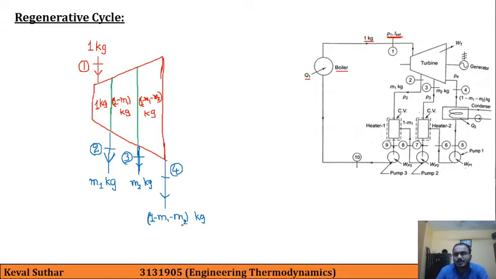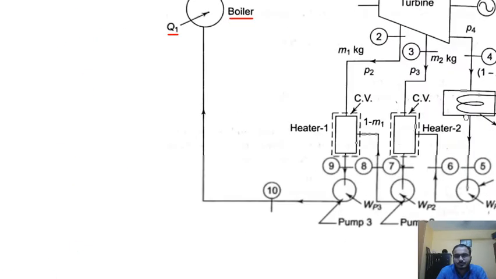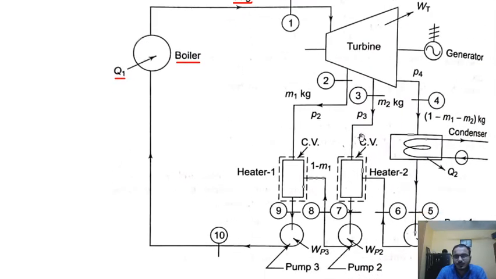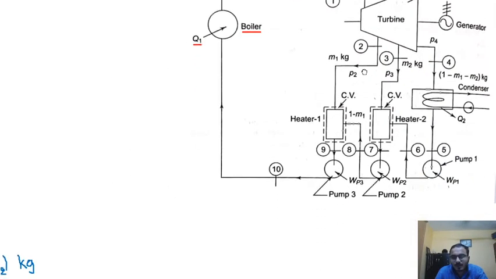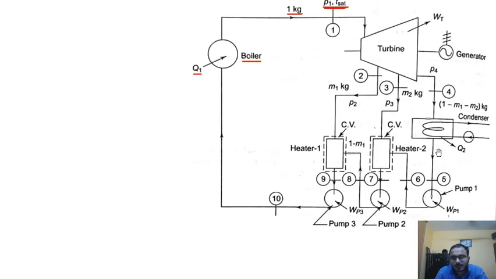Now if you see here, let's start from point number 4. Then 1 minus m1 minus m2 kg is first passing through condenser where heat is rejected, that is Q2, and then this same mass is being pumped to heater 2 through pump 1.